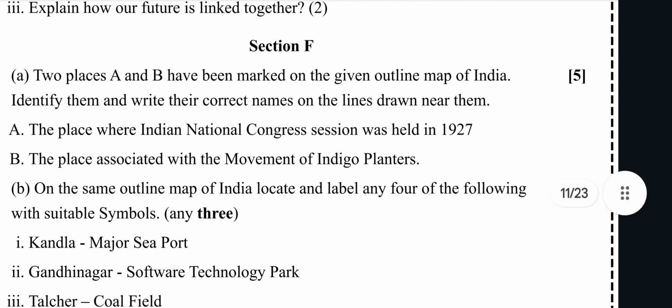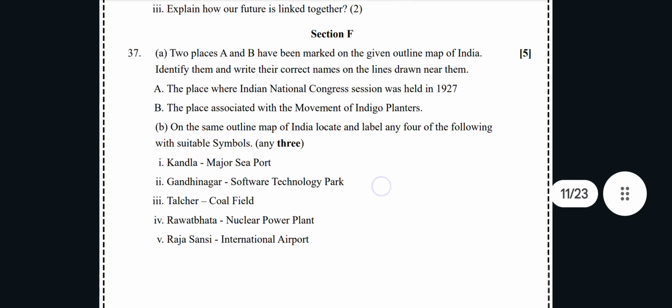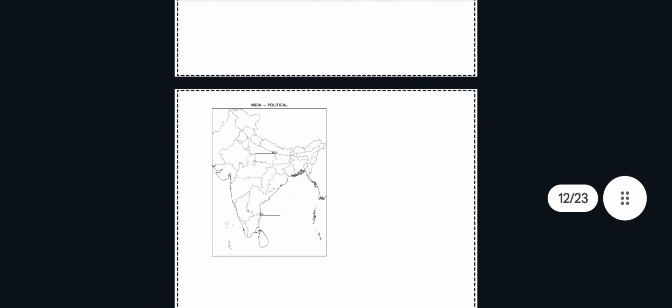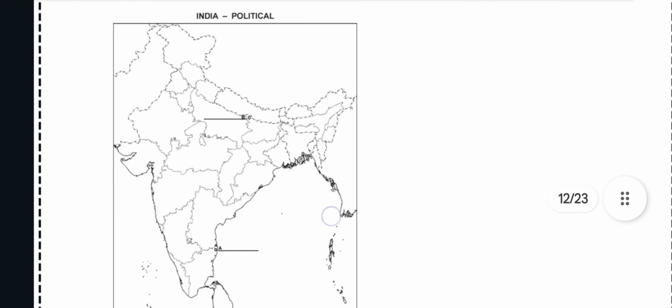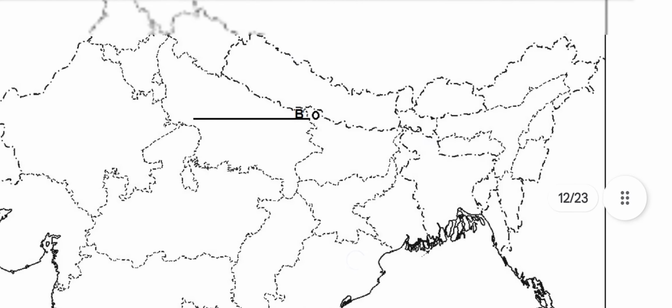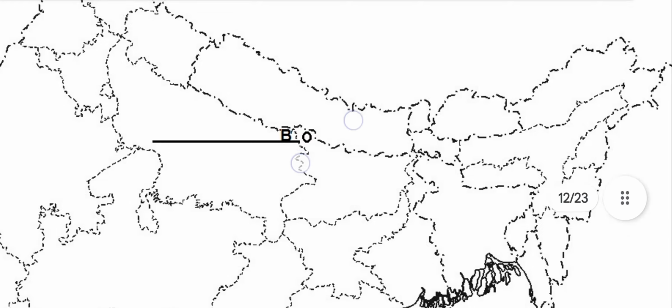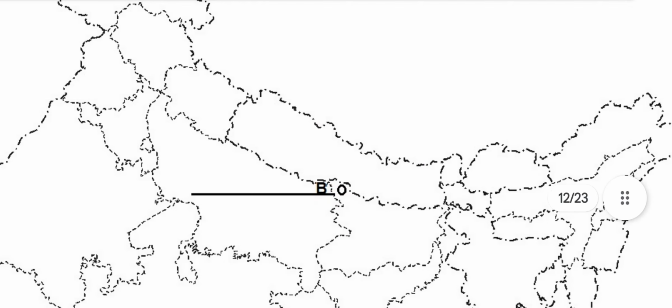And history 2 marks, history 2 marks, and geography 3 marks. That is the mark scheme given for this map. So select that very carefully and mark it. Whenever you are marking, please don't mark inside the map. Usually just mark outside the map area, not inside.